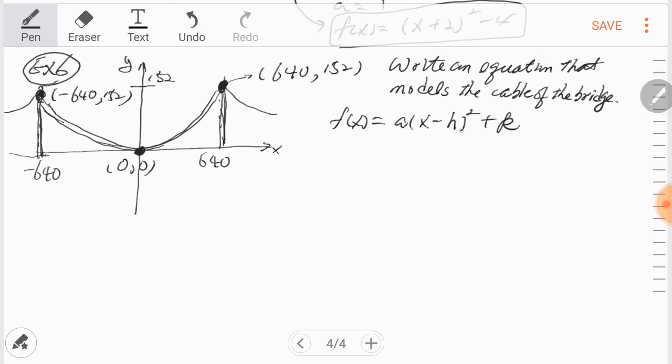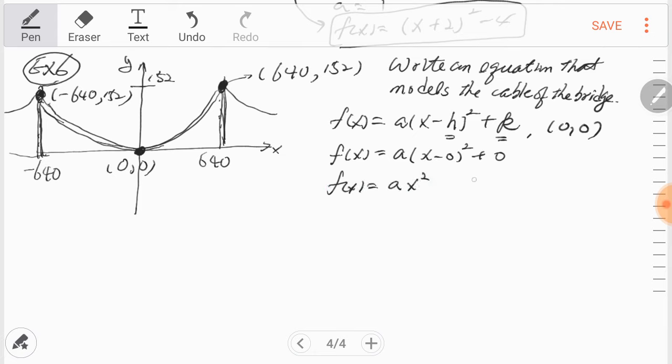And h and k are the coordinates of the vertex. The vertex is what? 0, 0. So plug in 0, 0 so that we can write the equation in vertex form. So h is 0, k equals 0. So f of x is equal to a times x squared.